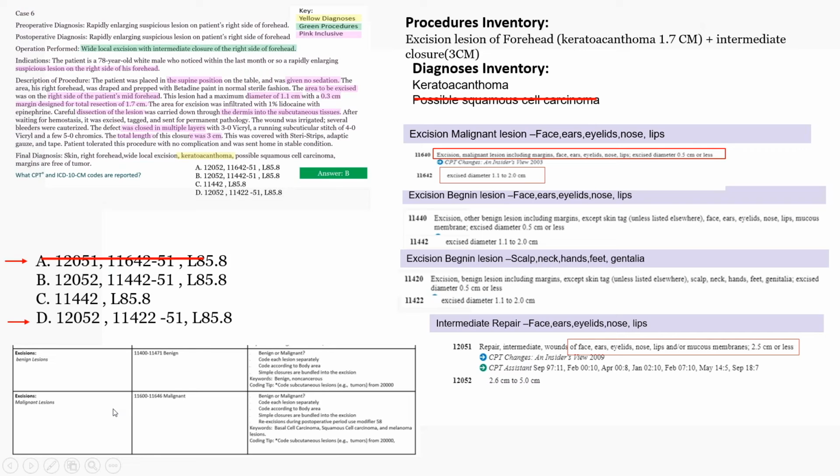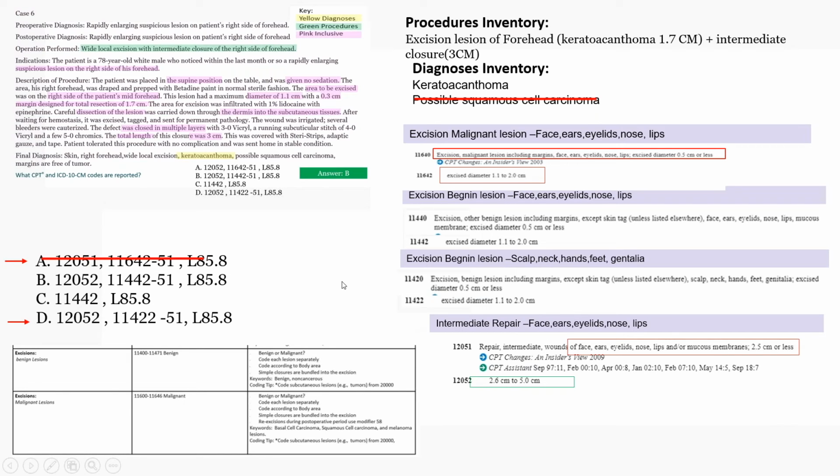Now let's look into option D, why it is wrong. 12052 is coding for intermediate repair of the wound on the face, ears, eyelids, nose, lips of 2.6 centimeter to 5 centimeter. That portion is correct. We have an intermediate repair closure of 3 centimeters, so 12052 exactly fits.